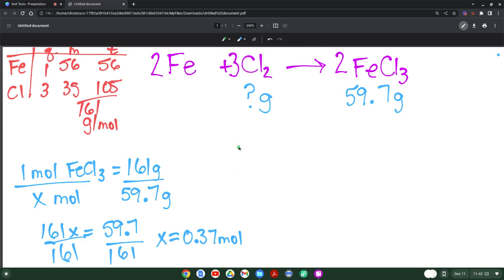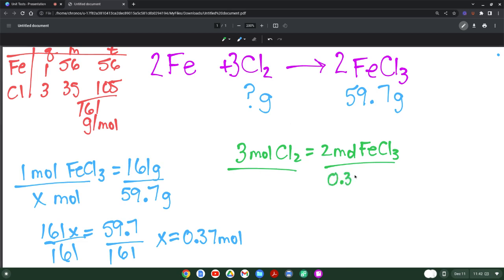I know that every time I do this reaction, I'm going to need 3 moles of that chlorine in order to make only 2 moles of that iron 3 chloride. But what if I only was going to make 0.37 moles of that iron 3 chloride? Then how many moles of chlorine would be required?